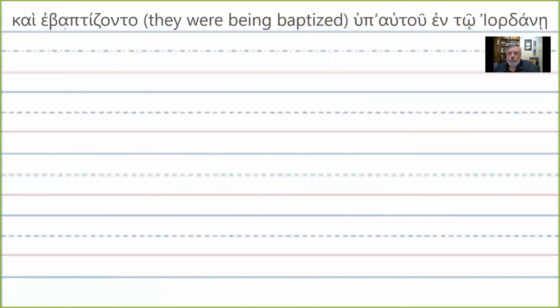Kai ebaptizonto. This is a passive verb. Let me get into it now. But they were being baptized, and they were being baptized. And here's our preposition, hupo. One of the things we see is an elision.